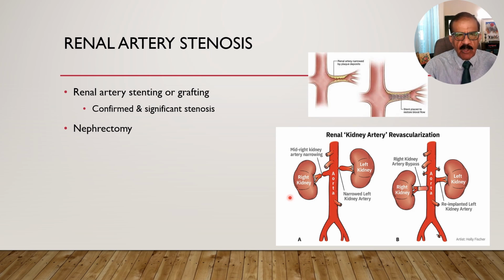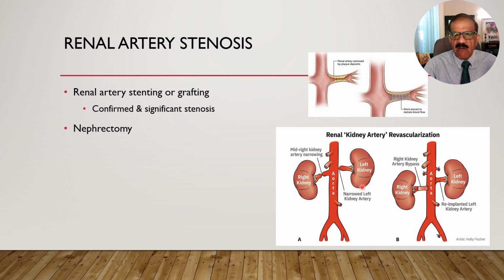Or sometimes you could actually have a bypass graft, just like in coronary arteries, and this is the stenosed vessel. And after the graft there is restoration of renal perfusion. So these are of course rare situations.